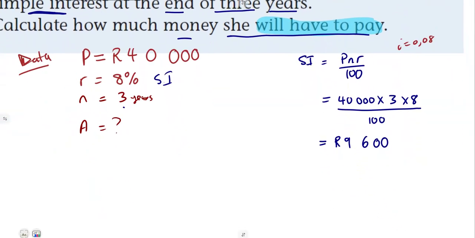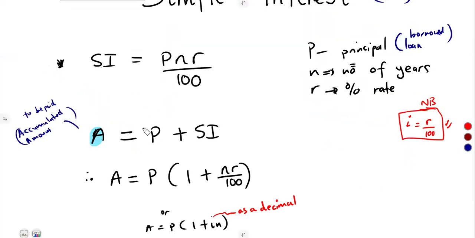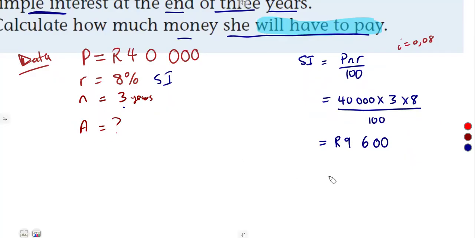Using the idea of simple interest, we can say principal plus simple interest is going to give us the accumulated amount at the end, which is the one that we need. So amount is going to be principal, the money that was borrowed, plus the simple interest, what is to be added.